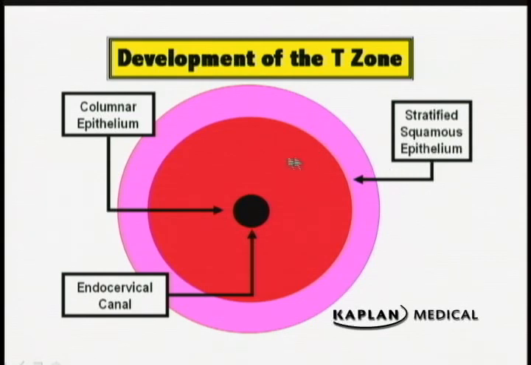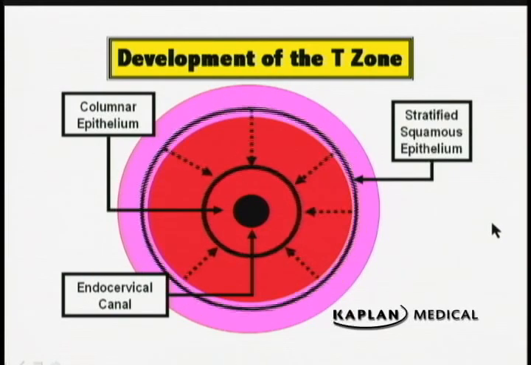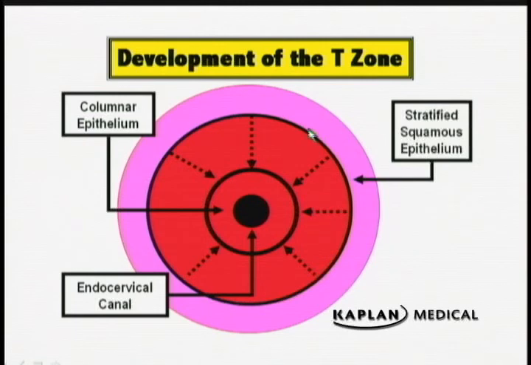What will happen with exposure of the columnar epithelium to the acidic vagina of the estrogen-dominant adolescent girl, we're going to see a metaplasia of this columnar epithelium, and notice what happens. The squamocolumnar junction moves from here to here.